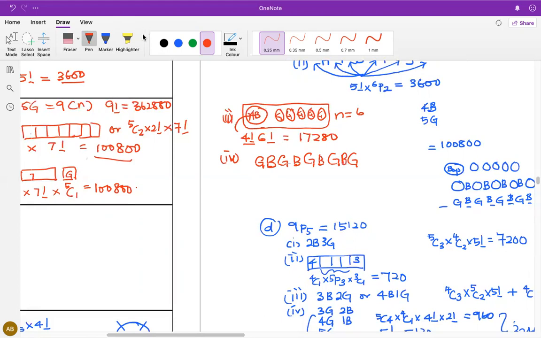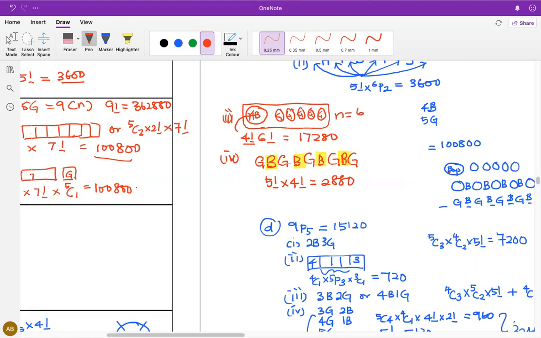So the boy is here. So the only solution is this, fixed, right? That means the girls is 5 factorial times the boys is 4 factorial. So 5 factorial times 4 factorial. So you get 2880.